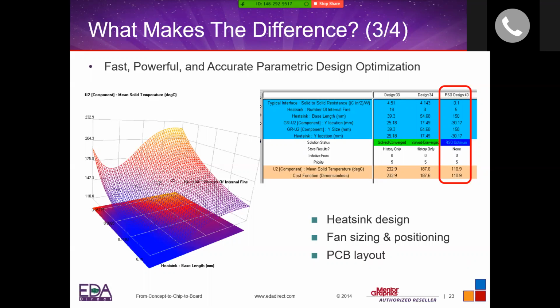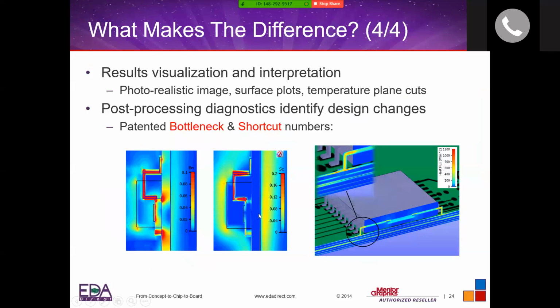And then you would come in and say, I can't have it over here, I can't have it over there, I'll pick this solution. So it relieves you from setting up all of these scenarios, and it gives you the option of just picking which solution is best. That would save you a lot of time in thermal design.